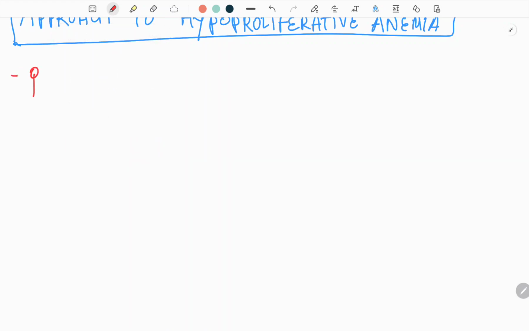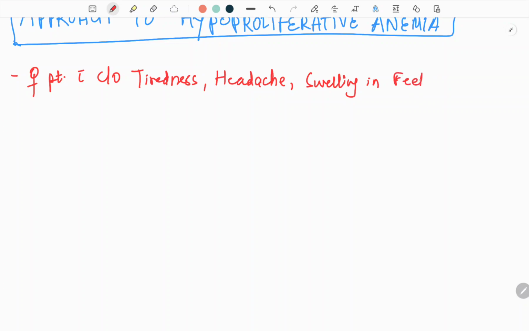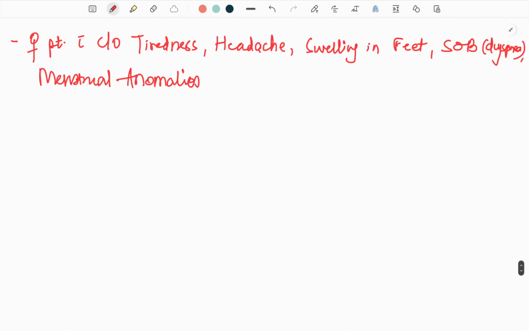There'll be a female patient with complaint of either tiredness, headache, or swelling in feet, shortness of breath, dyspnea, or she'll have menstrual anomalies, menorrhagia and all that. And on examination, she'll appear pale.